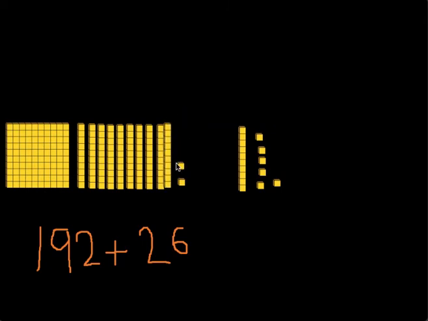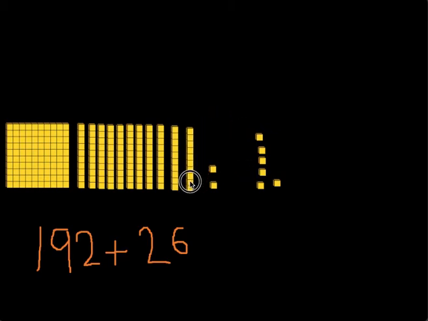So when I'm moving these blocks around, what do you notice when you bring them together? So I've put my tens together, I've put my ones together, and my 100 is still over there by itself. What do we notice? How many groups of 10 do I have? I have 11 groups of 10.